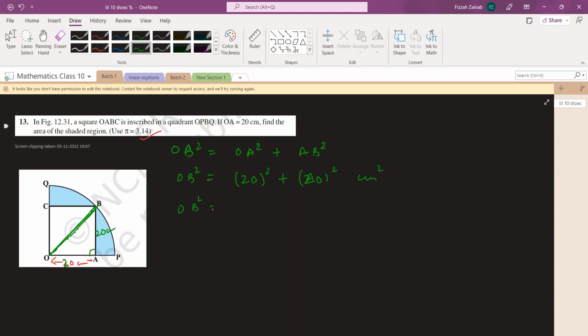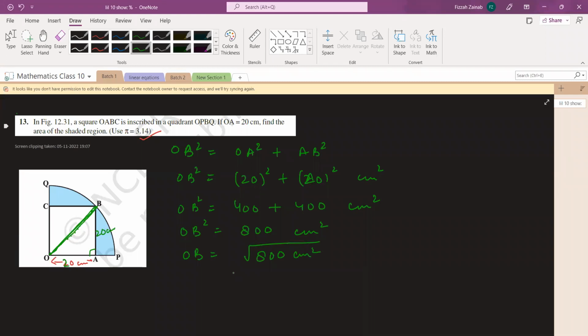So OB square is 400 plus 400 centimeter square, right? So OB square will be 800 centimeter square. So OB will be square root of 800, and then centimeter square root will become actually centimeter, right?